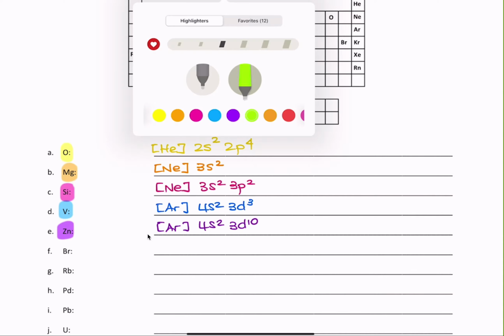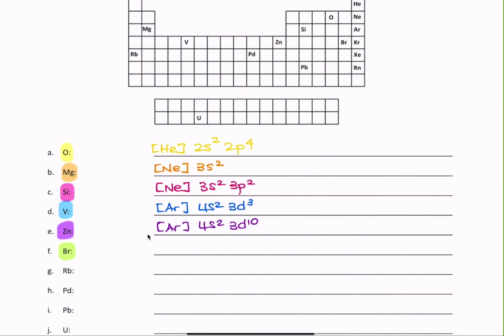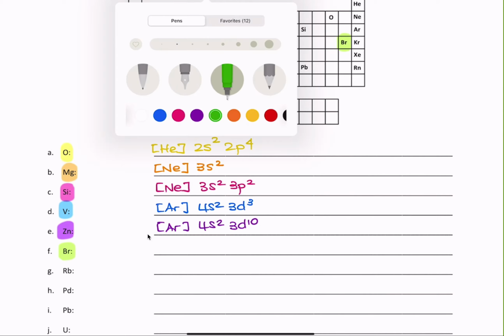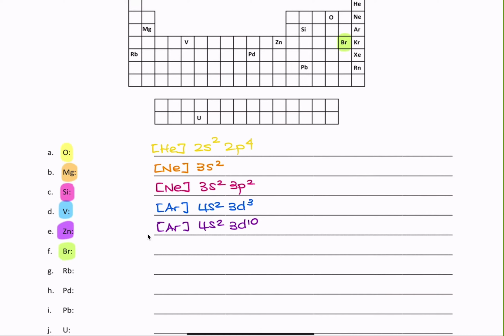What about bromine? Right here. Again, I go to the line before at the end, and it's argon. In order to reach it, I need to cross all of these columns.